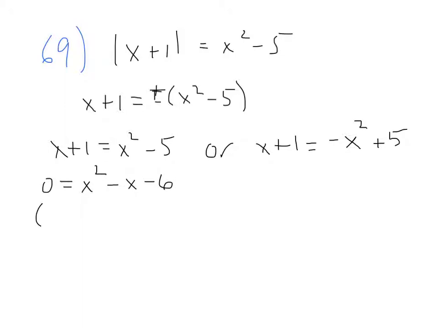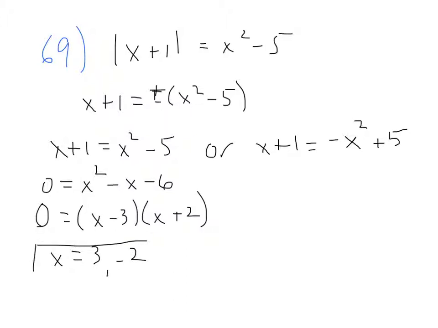Factor: multiplies to be, let's make that a 0, negative 6 and adds to be negative 1 would be negative 3 and positive 2. And then set them equal to 0 gives us x equals 3 and negative 2. Okay, any questions?